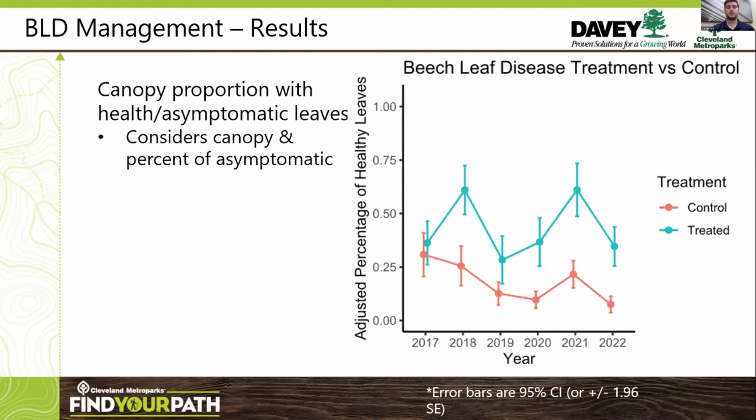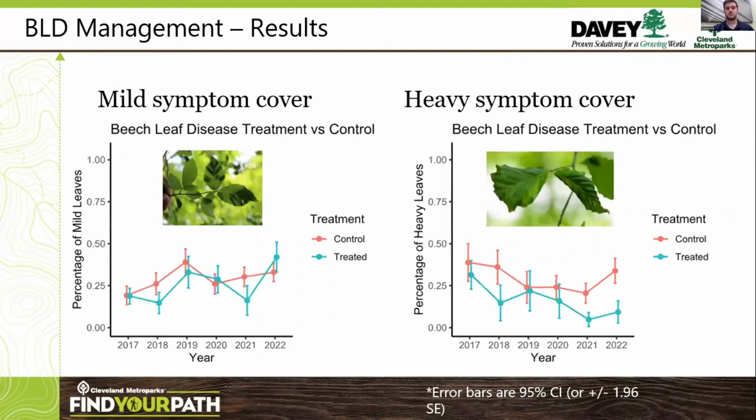If we look at the proportion of healthy or asymptomatic leaves, in addition to the canopy coverage, we are also seeing some pretty good results here, with our healthy leaves being about 1/3 of the canopy, whereas in control trees being about 10%. Mild symptom leaf cover does not look all that different.